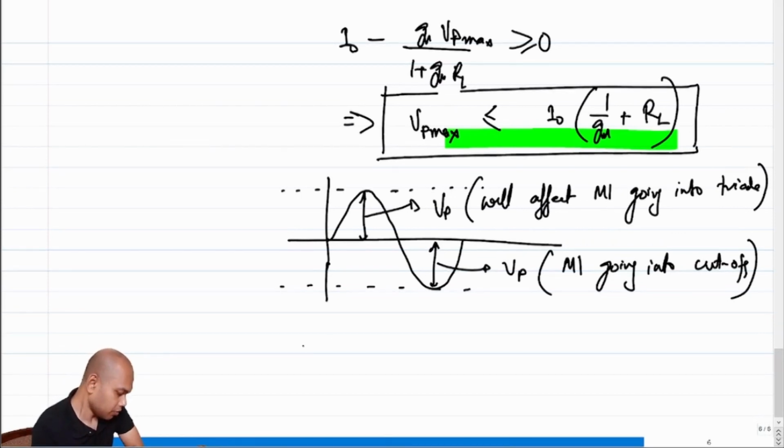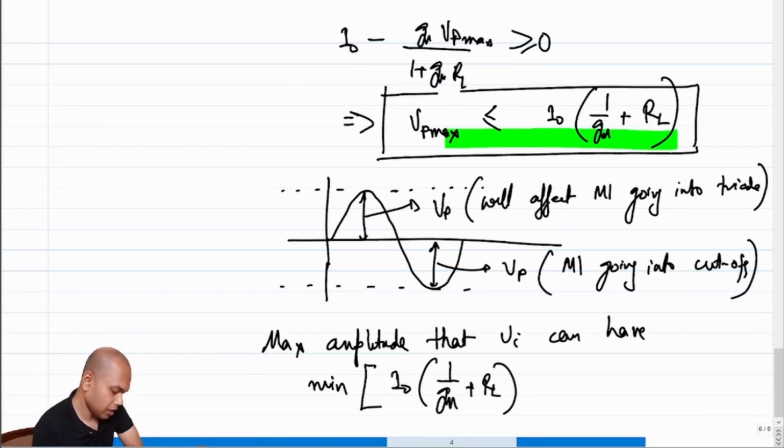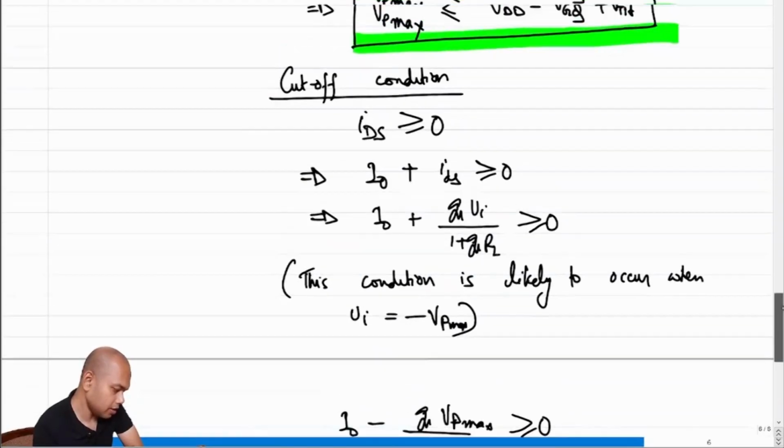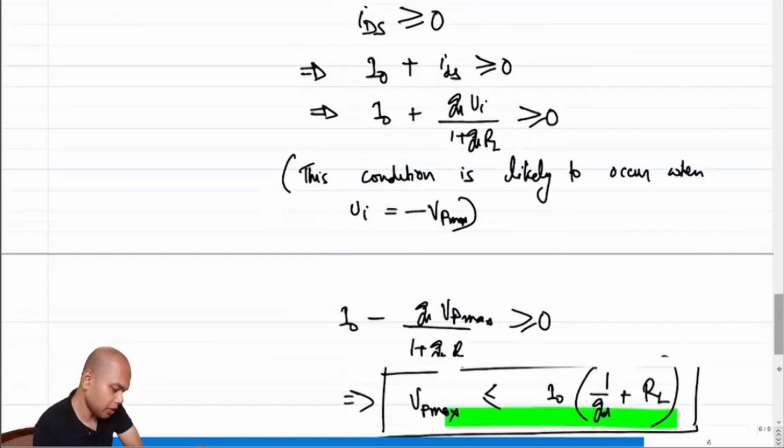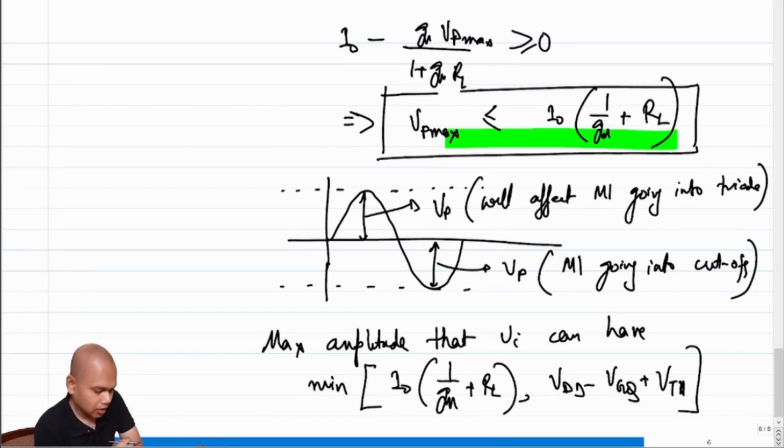So in other words, the Vp max amplitude that Vi can have will be the minimum of this condition, that is I naught times 1 over gm plus RL, and this condition, VDD minus VGQ plus the threshold voltage. Okay.